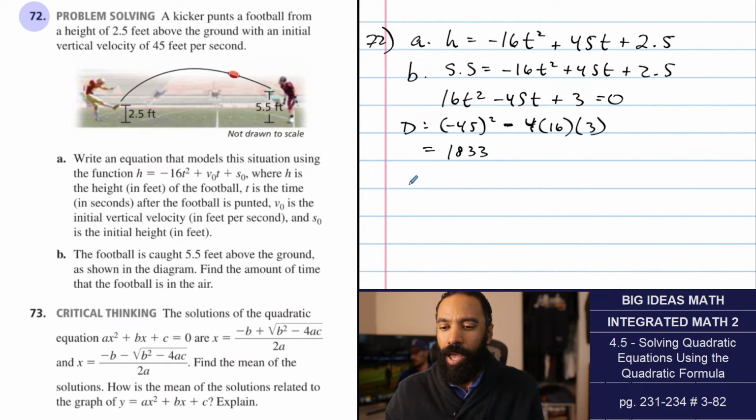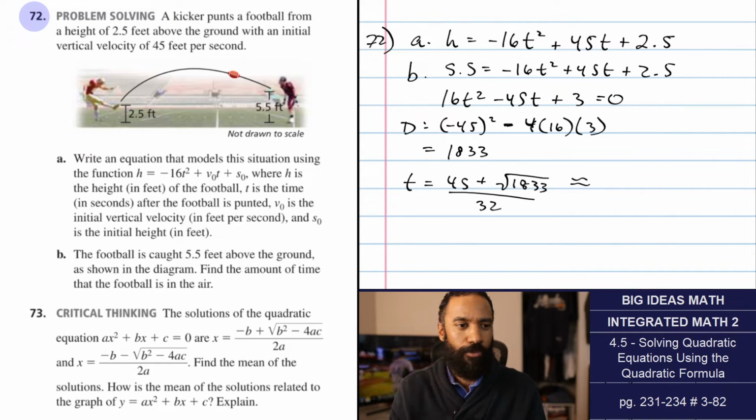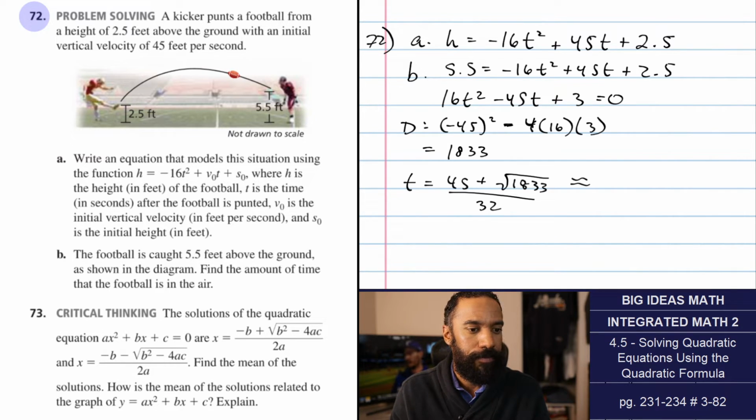So t equals 45 plus or minus the square root of 1833 all over 2 times 16, which is 32. Now, I'm not going to do the minus version. Let's just do the plus one because we need to get when it goes far out and when it's caught. So 45 plus the square root of 1833, all divided by 32.